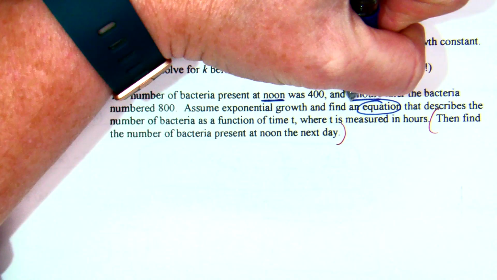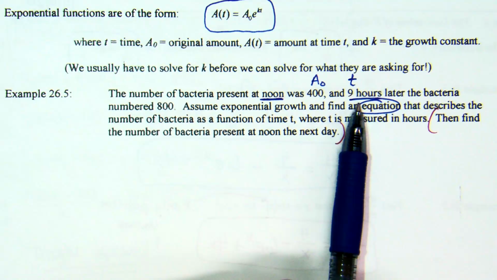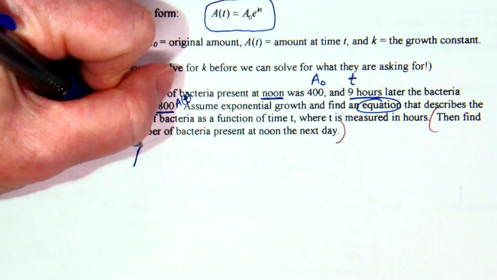So A naught started as 400, where my amount started as 400. Nine hours later, the bacteria numbered 800. So this 800, if my hours are 9, is going to go in for A of t, because this is going to be your amount after t hours. If we use the equation given up there, A of t equals A naught e to the kt.